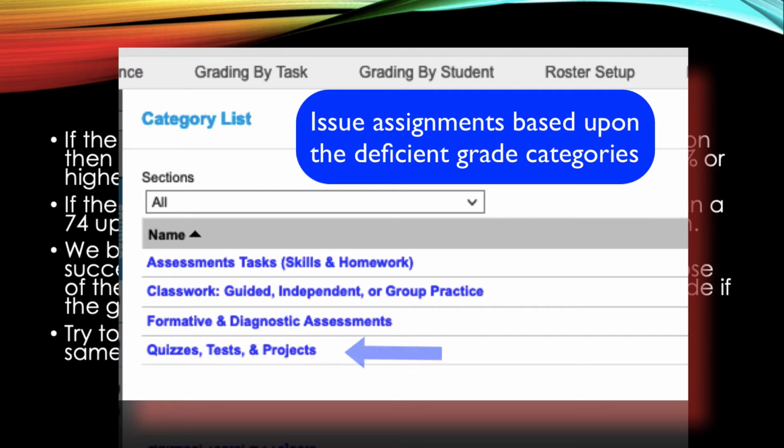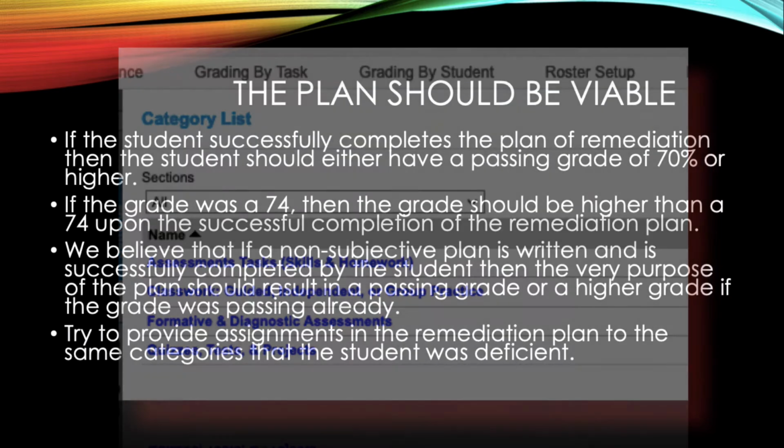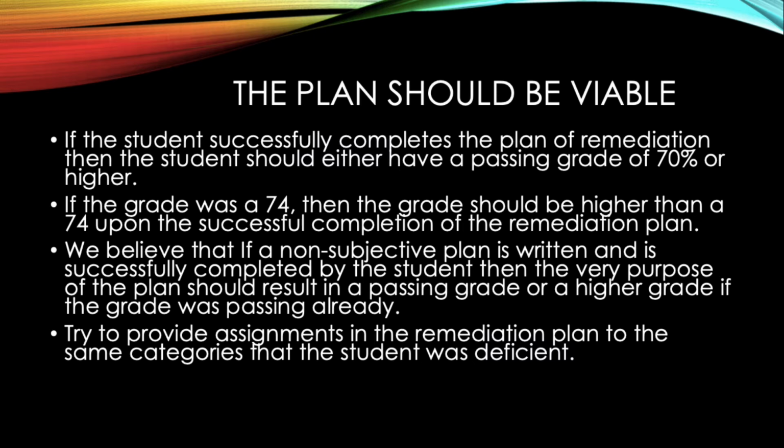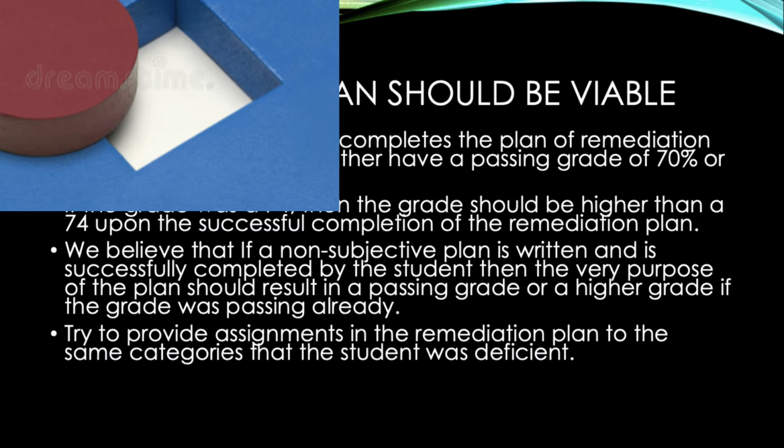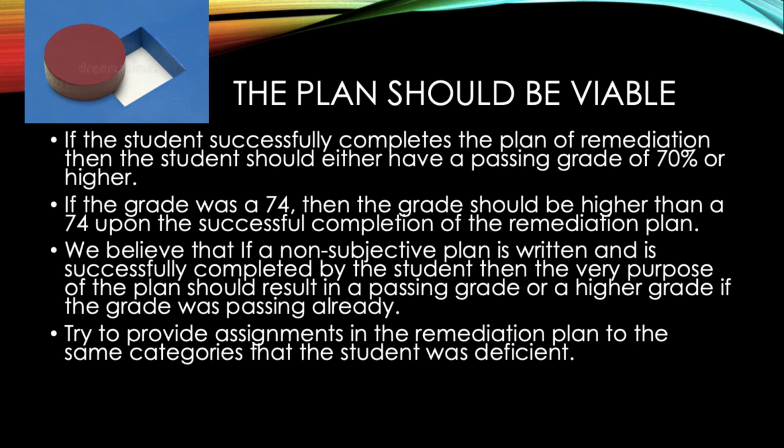But the idea is we are applying assignments apples for apples, oranges for oranges. So don't give the child a whole bunch of homework assignments when the issue is they've never been able to pass the test. In order to move the grade, the category that is deficient should be the target category as we prepare assignments.